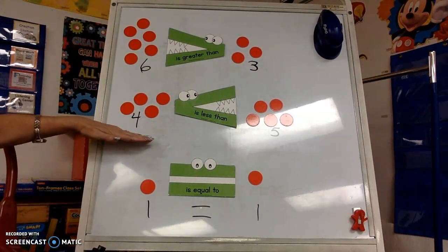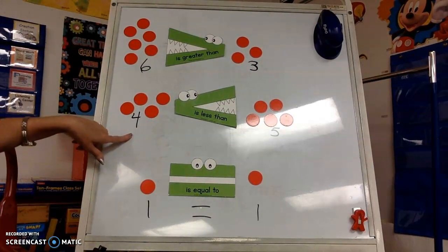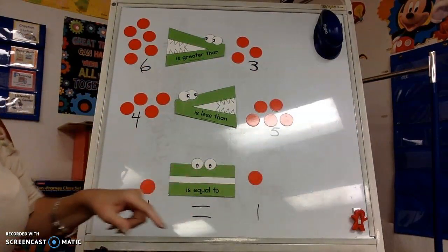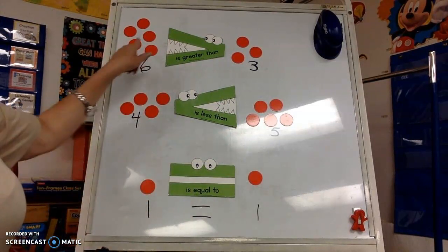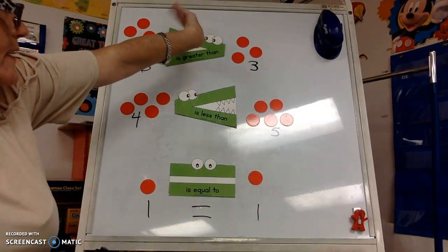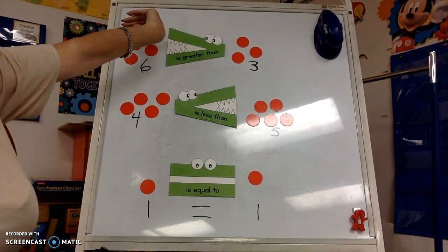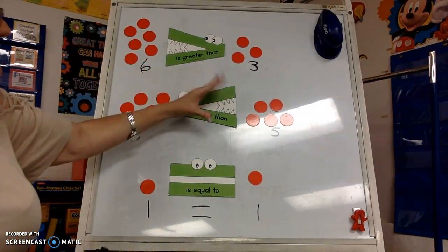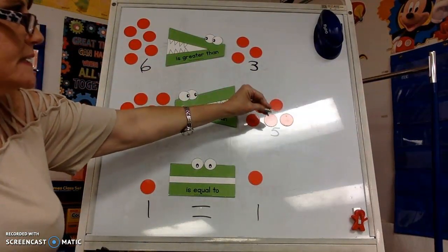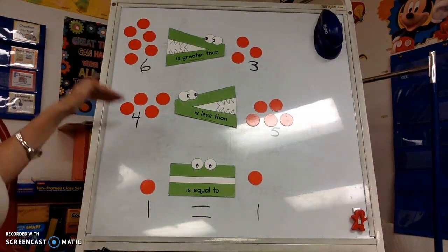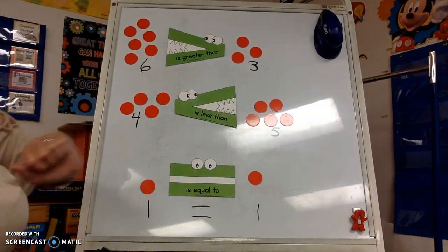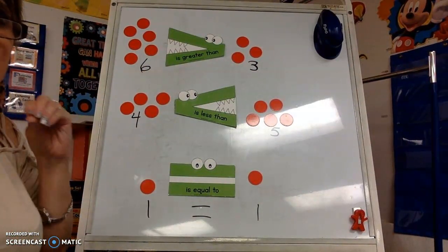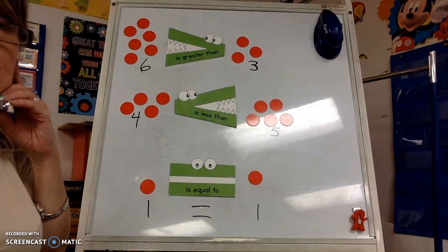But then down here, the smaller number is on this side, and the bigger number is on this side. So that's why he's turned around, because the bigger number is over here, he's greater than. He is chomping that 6 because it's bigger than the 3. Here, he's chomping the 5 because it is bigger than the 4. So 4 is less than 5, and 6 is greater than 3. Remember, he's always chomping the bigger number.